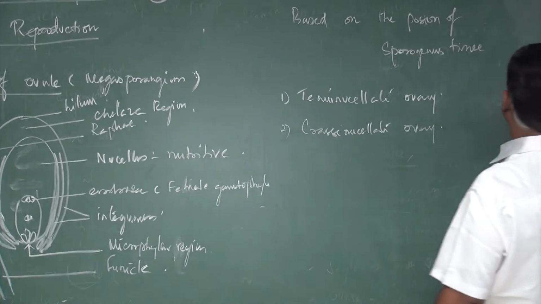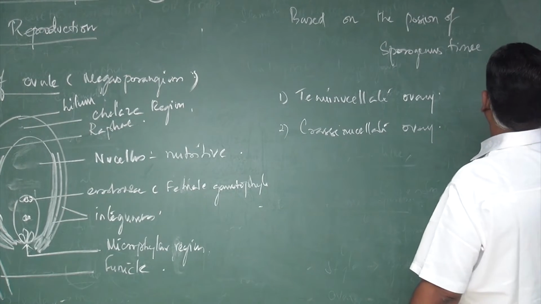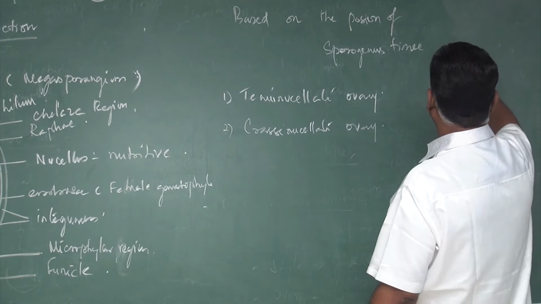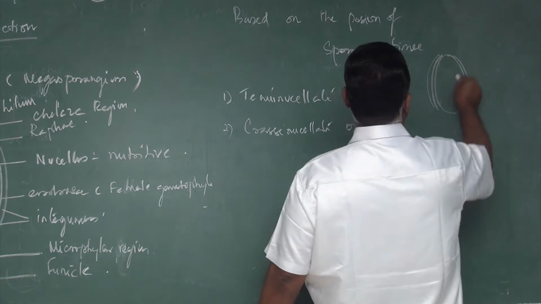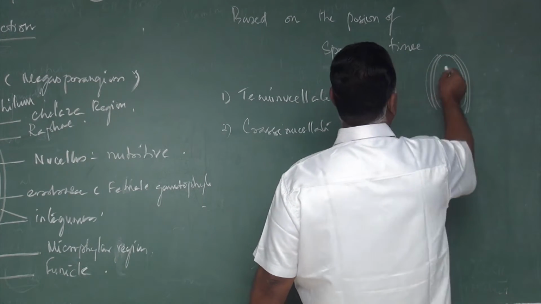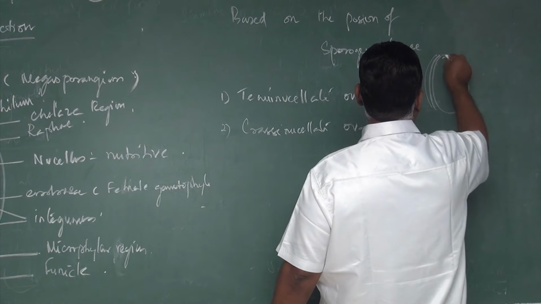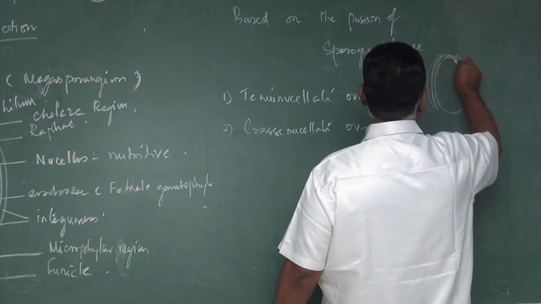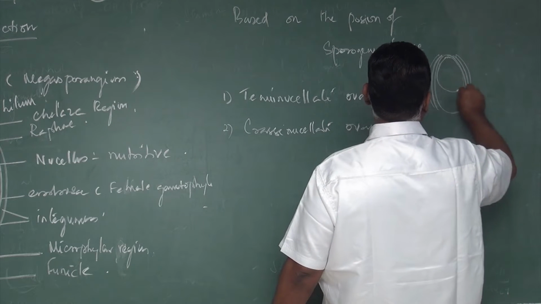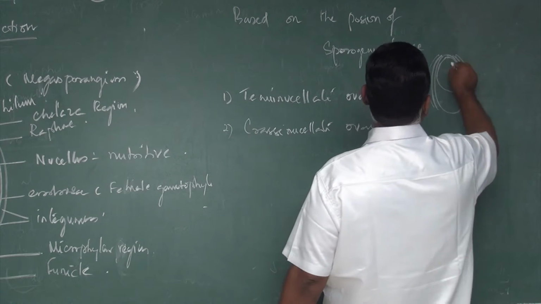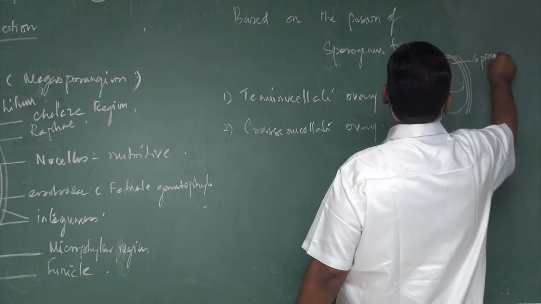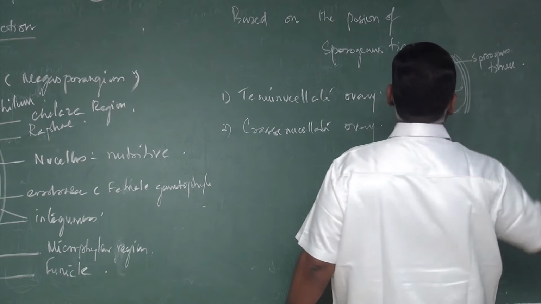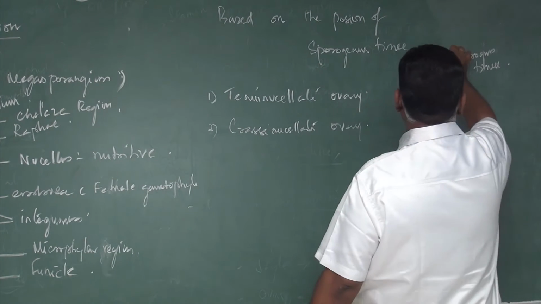If you take an orthotropous ovule, if this is the nucellus and the integuments are outside, the sporogenous tissue is just next to one layer, that is, hypodermal in position. So the sporogenous tissue is hypodermal.